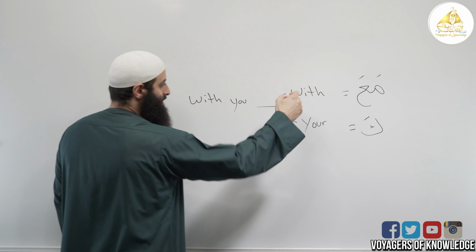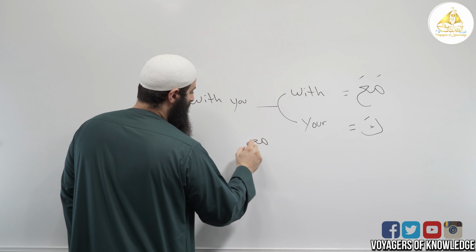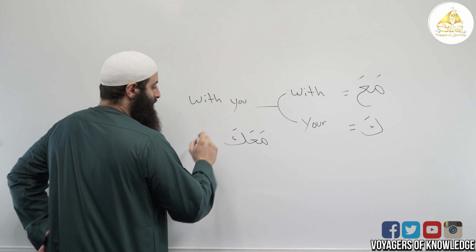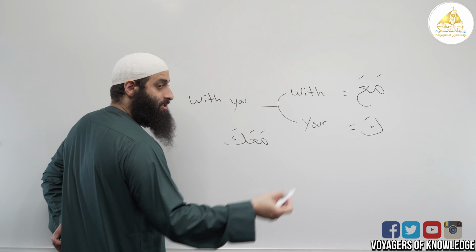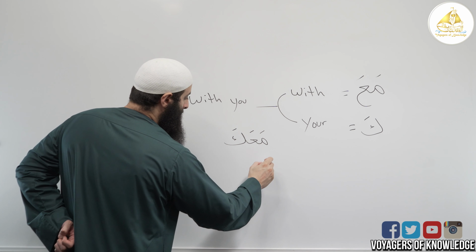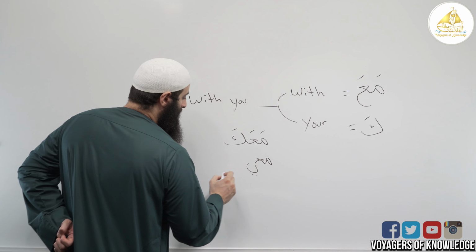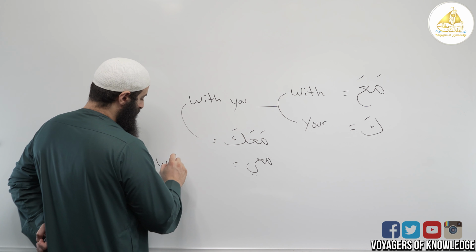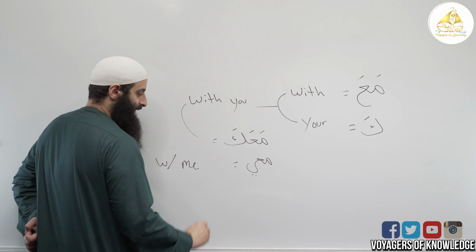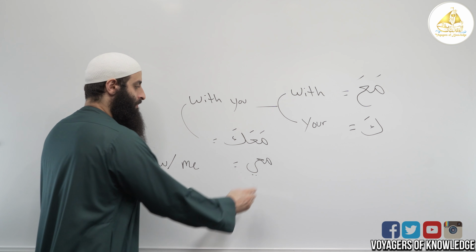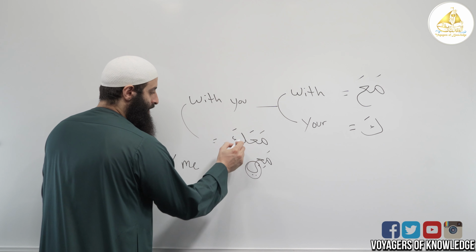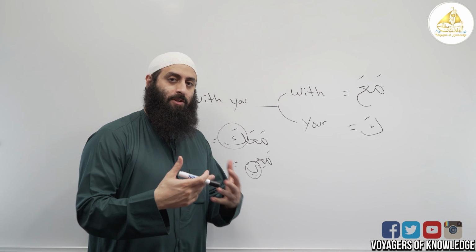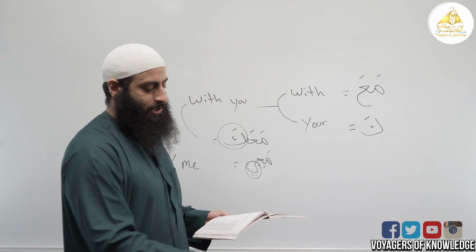And that's how you would say it, because it's combined together to make ma'aka. This means with you. Ma'aki, still with you. Ma'i, with me. And here's that dhamir, here's that dhamir. And we'll continue to take it, and it'll be a lot easier, inshallah, as we continue.